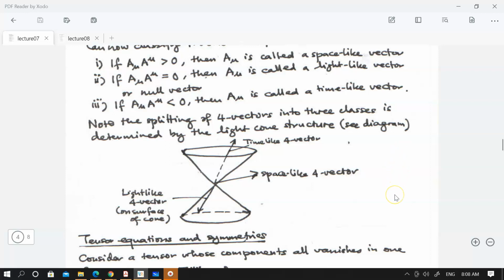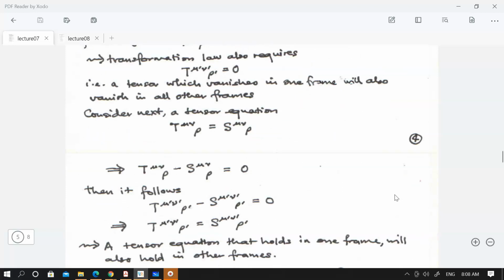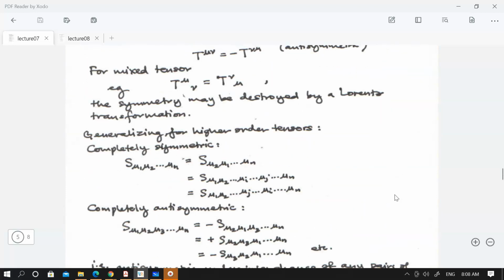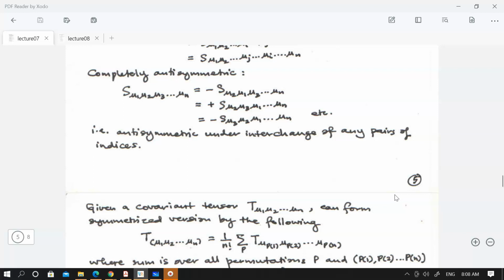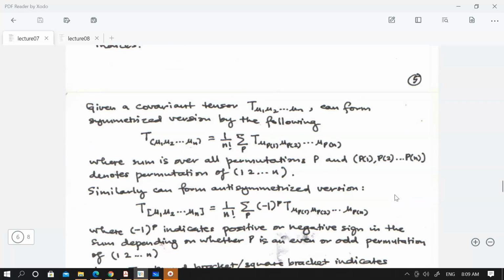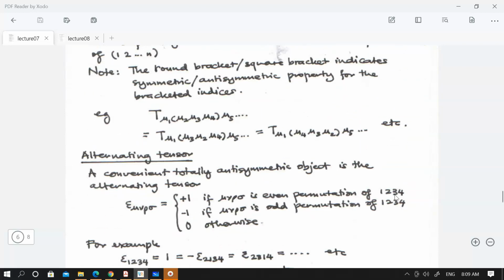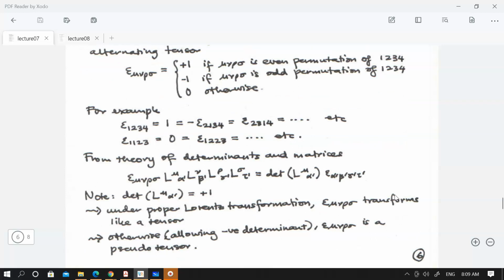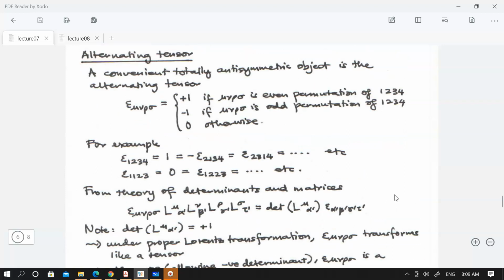And then we talked about tensor equations and symmetries. We already mentioned that generally a tensor equation, if it's valid in one particular reference frame, will also be valid in another inertial reference frame. Then we do symmetrization and anti-symmetrization. These are things that you should know. And finally, we introduced the alternating tensor for four-dimensional Minkowski spacetime, which is a bit different from the ones that you have seen in classical mechanics.